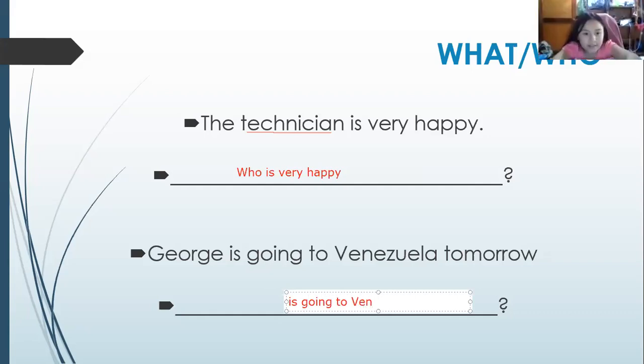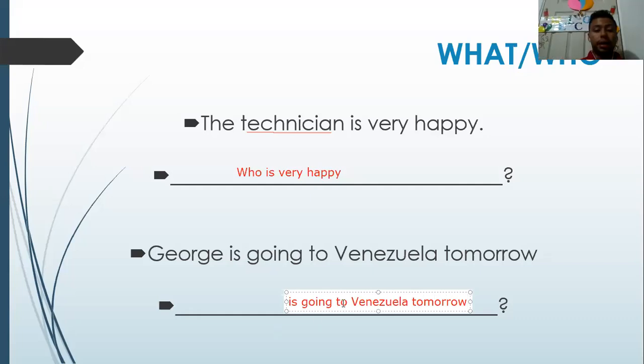We have to talk about a person. George is going to Venezuela. The question is who is going tomorrow? Okay, but in that case, remember we need to fix it because it is incomplete. Who is going tomorrow, but where? Who is going to Venezuela tomorrow?